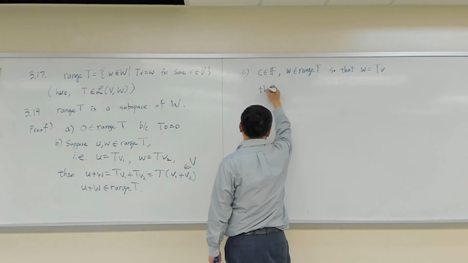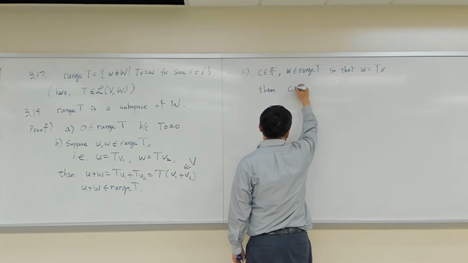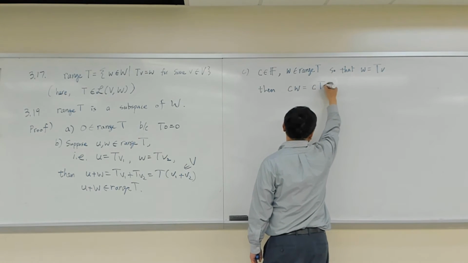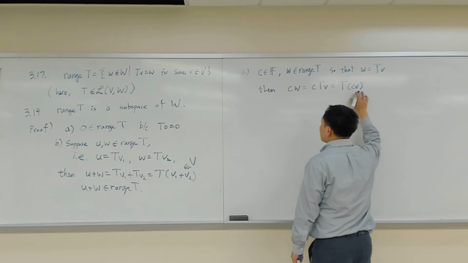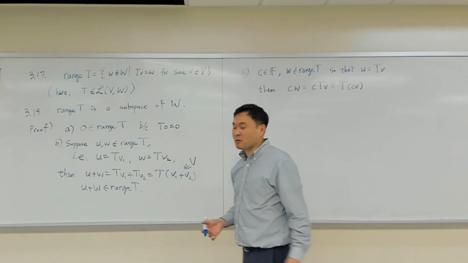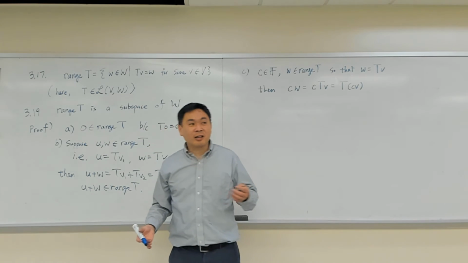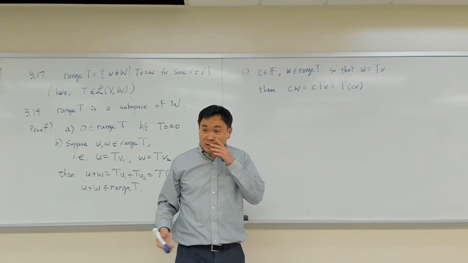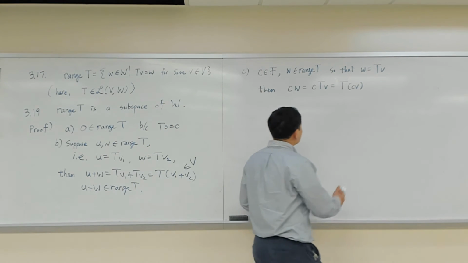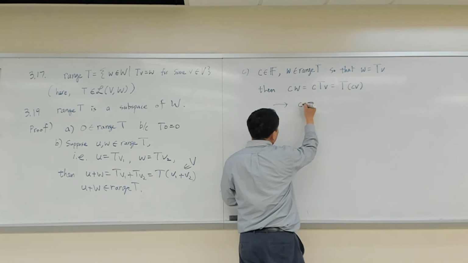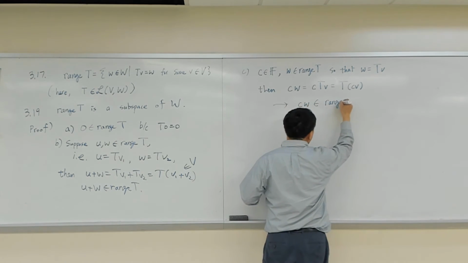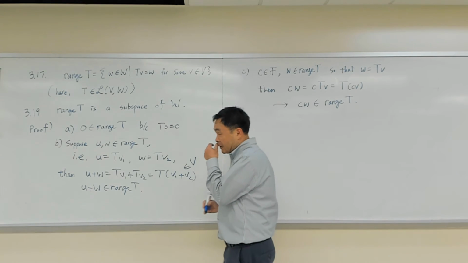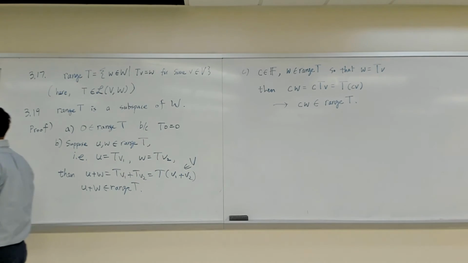Then C times W is equal to C times TV, which is equal to T times CV. And since V is a vector space, any scalar times V is in V as well, right? So that shows CW is again in range of T. Okay.